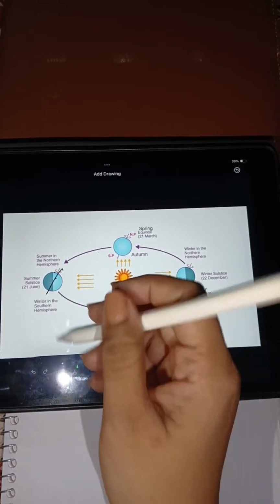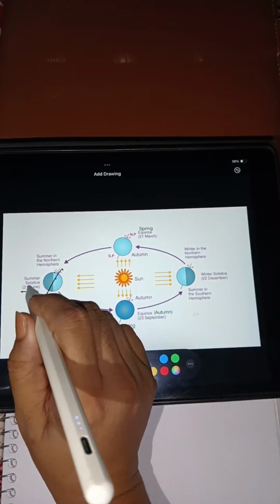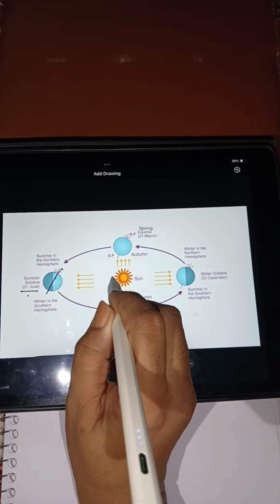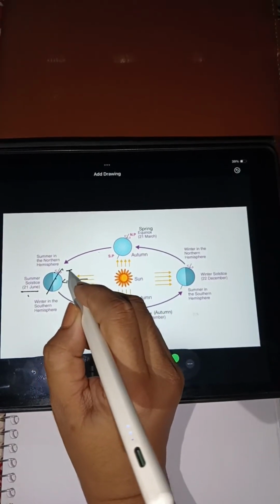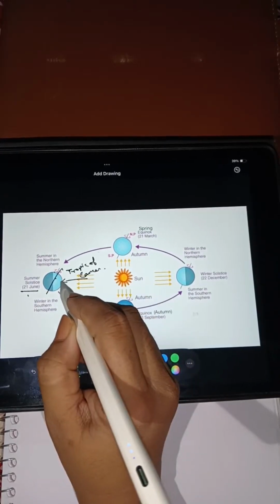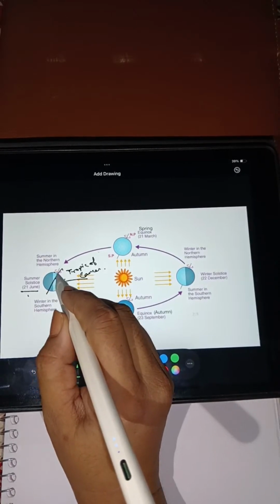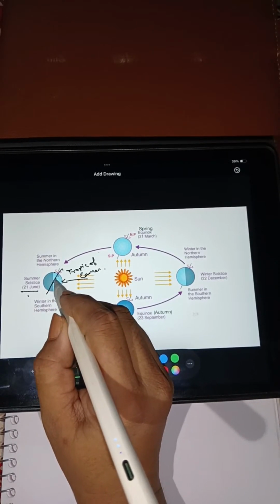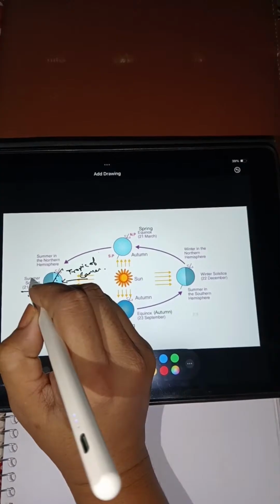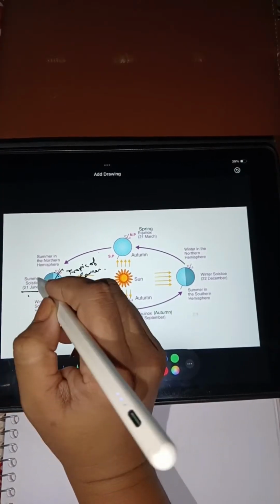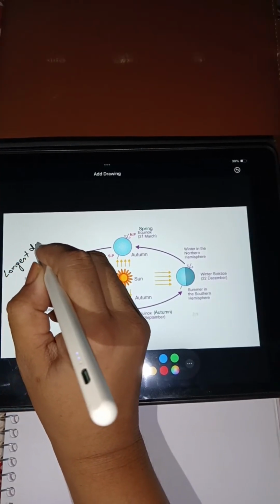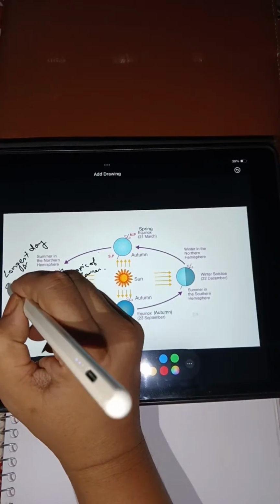On 21st of June, this date is called the summer solstice. On this date the sun is directly overhead on the Tropic of Cancer, so it receives direct sun rays, and in the northern hemisphere we not only experience summer, but also the longest day and shortest night.